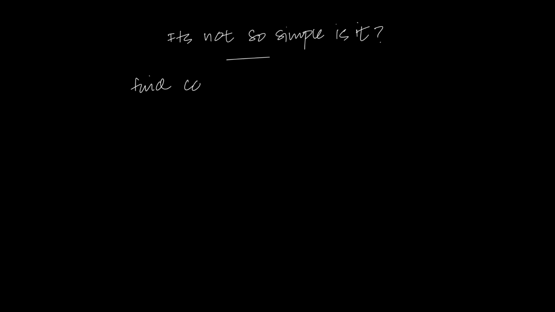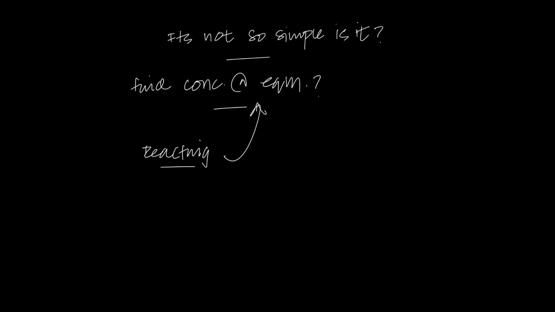Find concentrations at equilibrium on your own. You'll have to figure out the concentration at equilibrium. Then I said, Cambridge, what are you going to do? I will just give you the moles which are reacting. You go out and figure out concentrations at equilibrium.